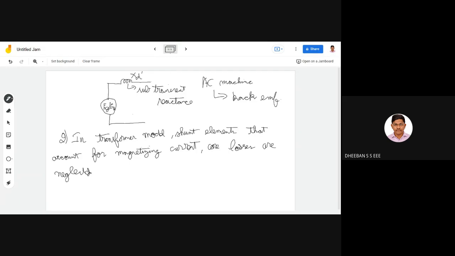Generally, what they're saying is that in the transformer, you have to neglect your loss, mainly your core loss. Why this occurs: again, this is with respect to your current.